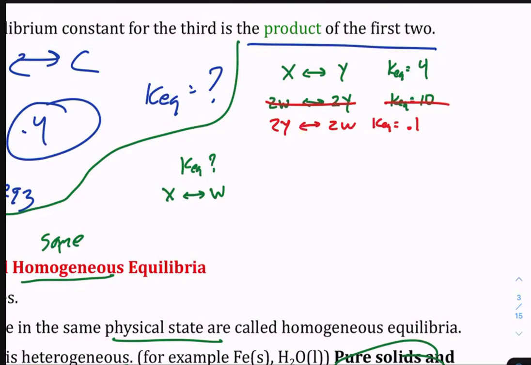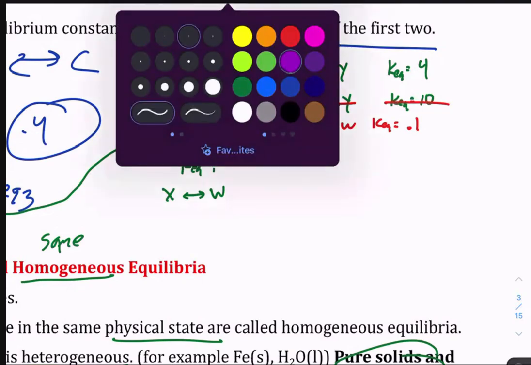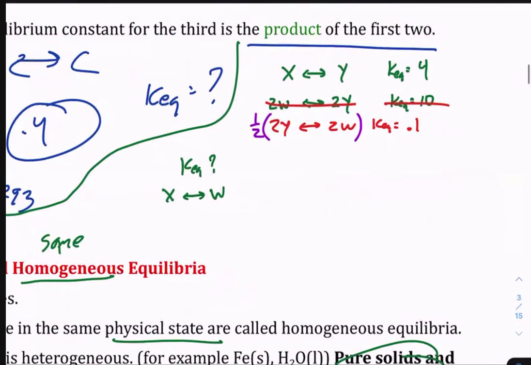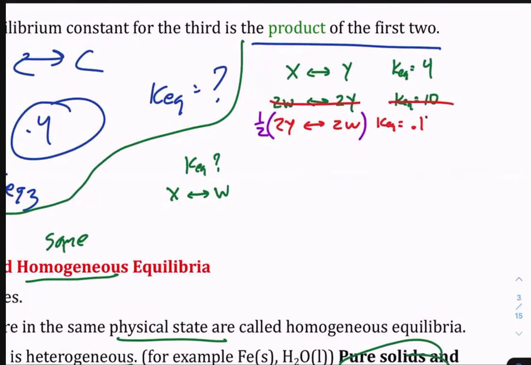Yes. So I'm going to multiply this reaction by 1/2, which means I have to take the 0.1 to the power of 0.5. So that becomes Y forms W. 0.5, 1/2 power, right?